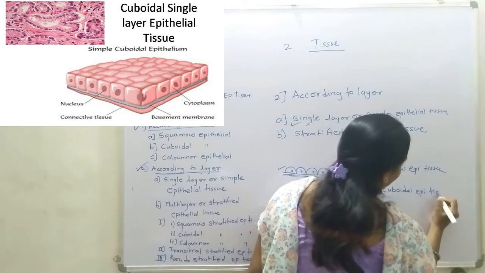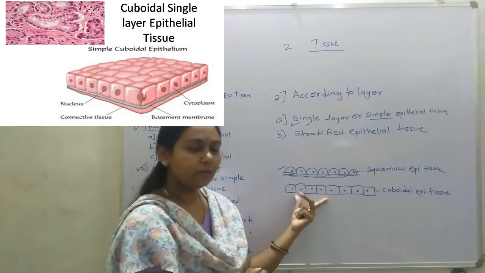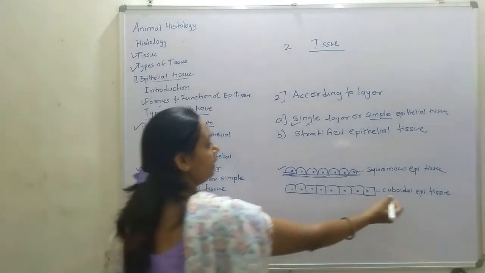On the basement membrane there is a single layer of cuboidal epithelial cells, that is a cuboidal epithelial tissue.